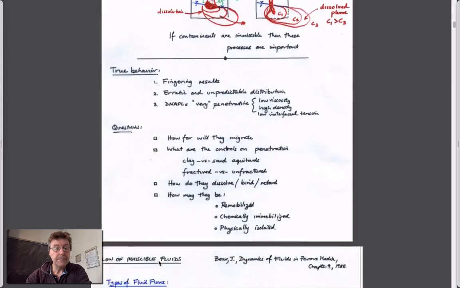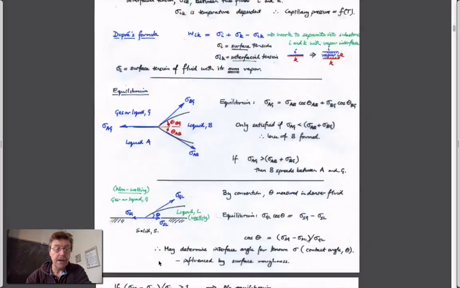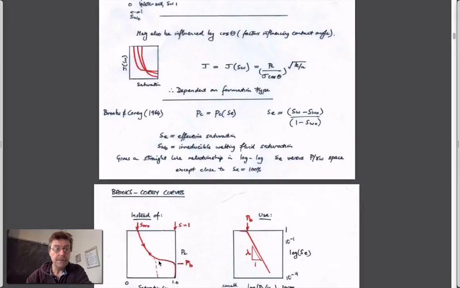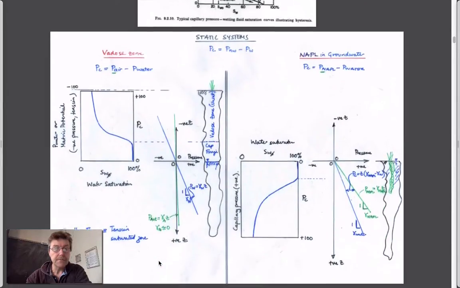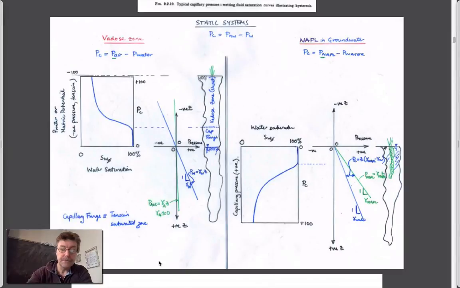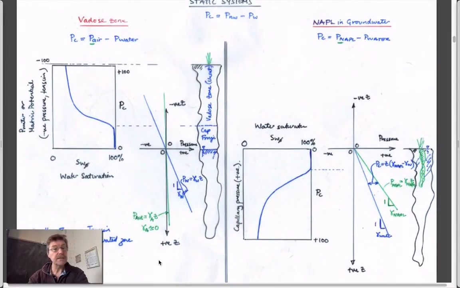And all that has been based on our understanding of capillary behavior, and is epitomized in this one figure that we spent some time on last week that says something about how saturation should change as we go up or down. If it's a D napple, then the saturation of the D napple phase would be this part here, and the saturation of water would be the remainder.